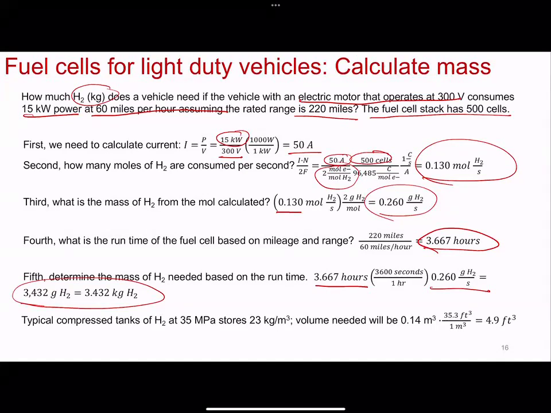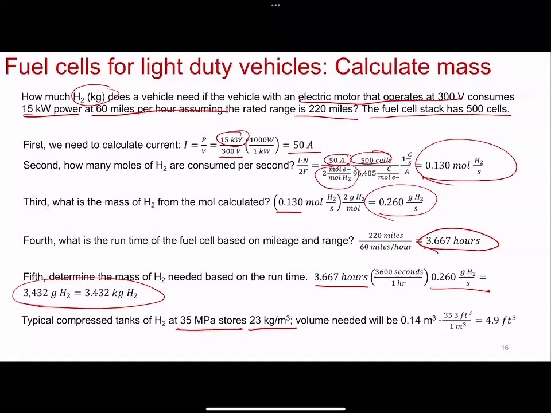When we're dealing with hydrogen, it's not just the weight of the hydrogen, as in, oh, I need 3 kilograms of hydrogen, just pump it in, please. No, we need to consider the pressure of the tank itself. Typically, hydrogen tanks are stored at, let's say, 35 megapascal. That's the pressure they're compressed at.